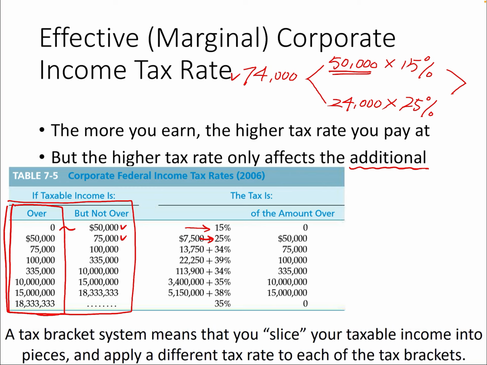And then whatever you have left in your gross income, which is 24,000. So 24,000 is what? It is 74,000 minus the first 50,000, right? So you have 24,000 left. And then that money needs to be paid at the rate of 25%.